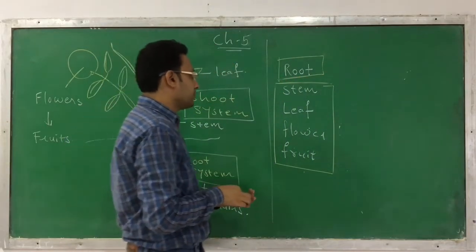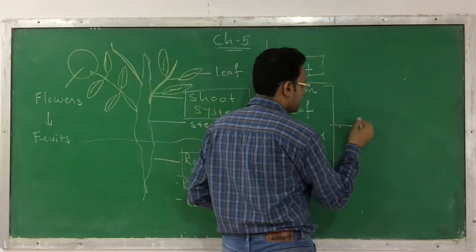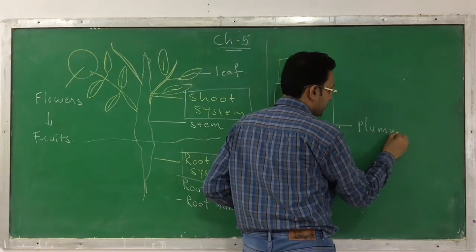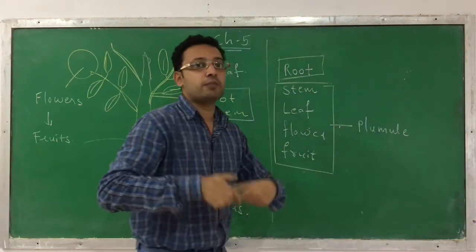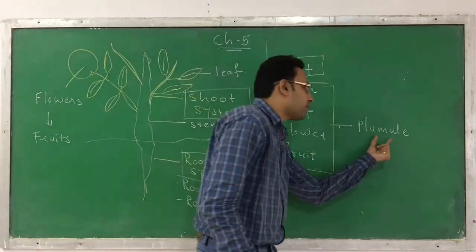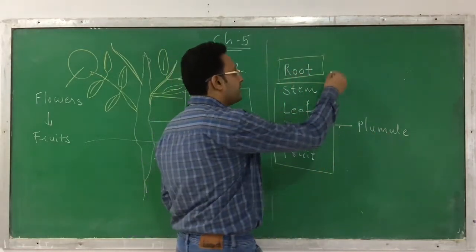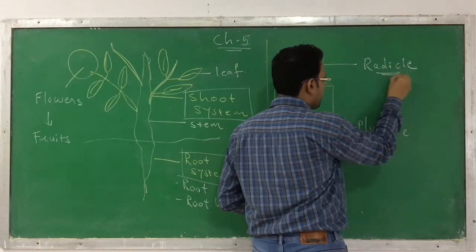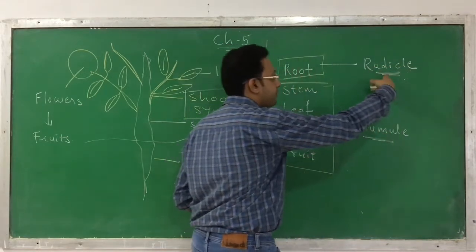Now, this root system, remember, it develops from the plumule. You know that the whole plant is developed from a seed, but from which part of a seed do they develop? They develop from the plumule of a seed. And this root, it develops from the radicle. To remember that, the root develops from the radicle.